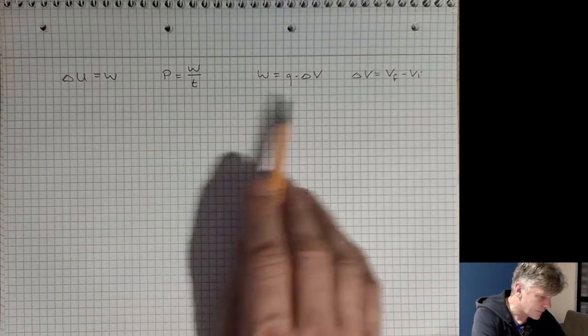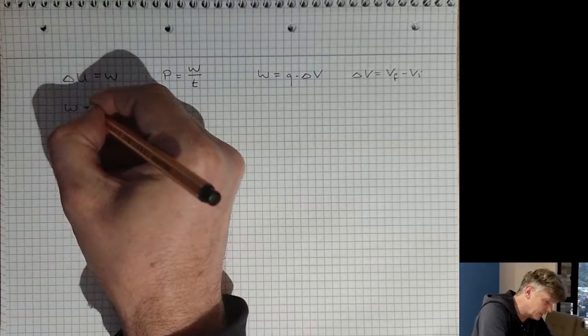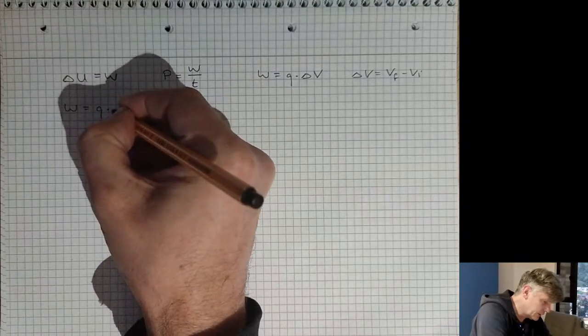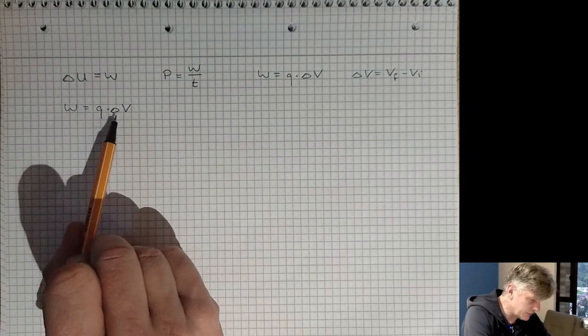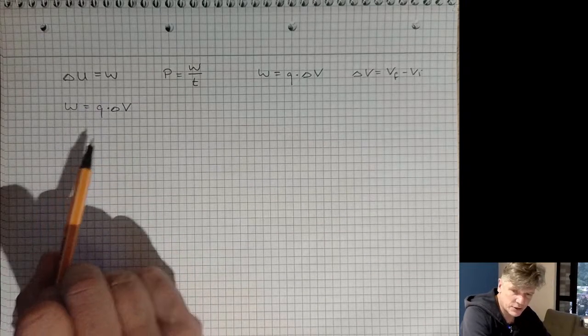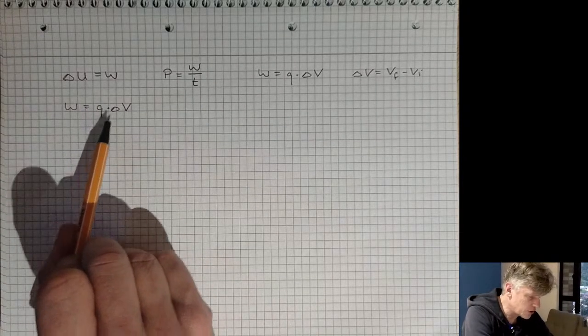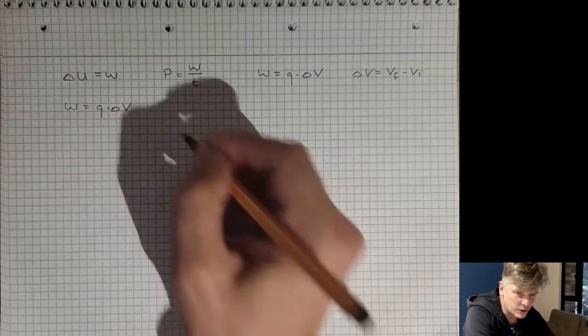Now, let's have a look at these expressions. So we say that W is the potential difference acting on a charge, or it's the charge exerting a potential difference which does the work.